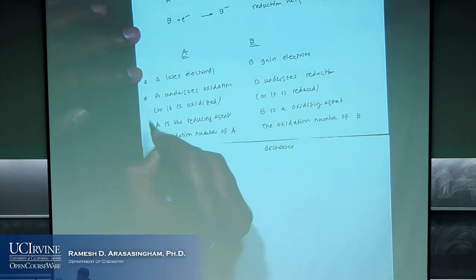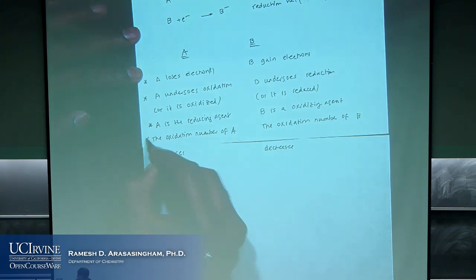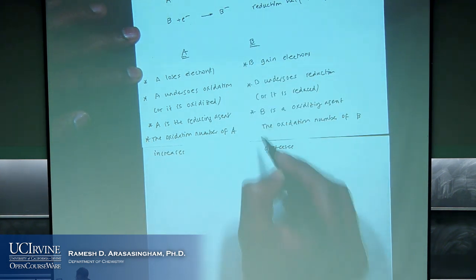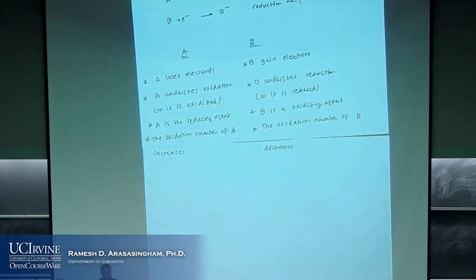If you're looking at an oxidation-reduction reaction, I need you to be able to look at each reactant and identify which one is losing electrons, which is gaining electrons, which is being oxidized, which is being reduced, and which is the oxidizing agent and which is the reducing agent. Whenever you have an oxidation, the oxidation number increases.